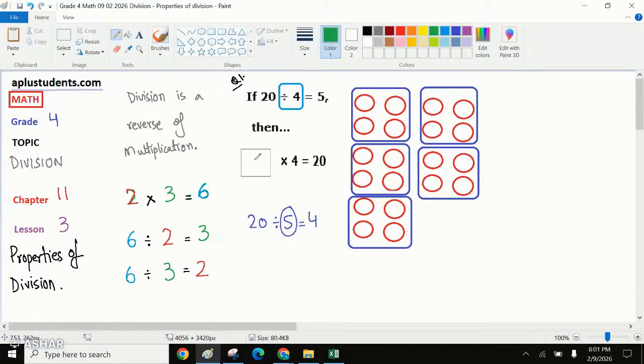A simple answer is 5 multiplied by 4 equals 20. You don't have to draw these circles; I'm drawing this just for the first example.